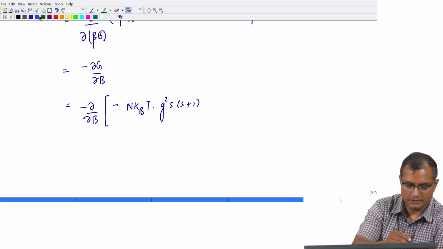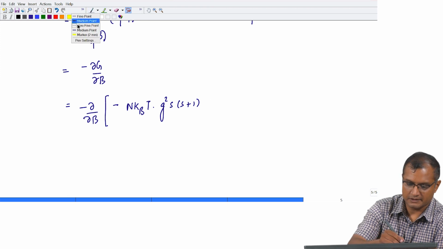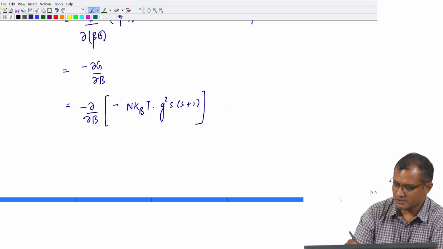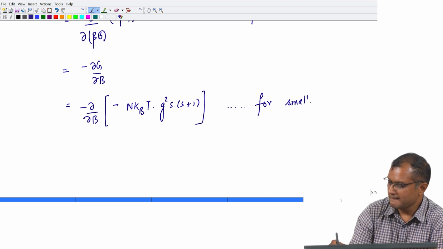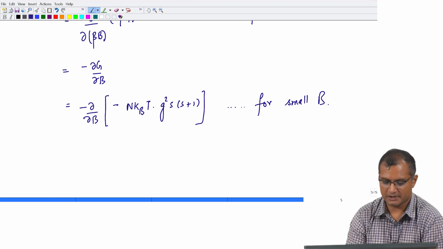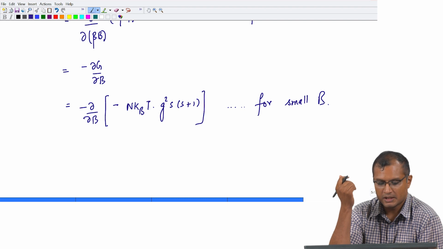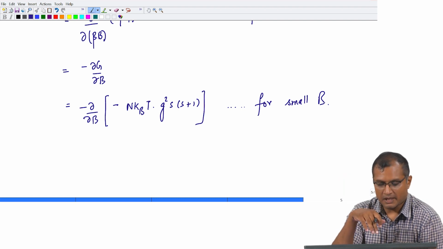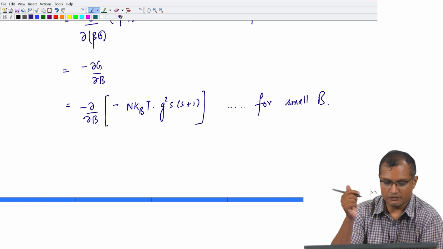And I remind all of you that we can only use this for small b, as b goes to 0. Our approximation of g is applicable only in the small b regime, which means the magnetization that I am going to construct is also for small b, because I have used that value of g here.